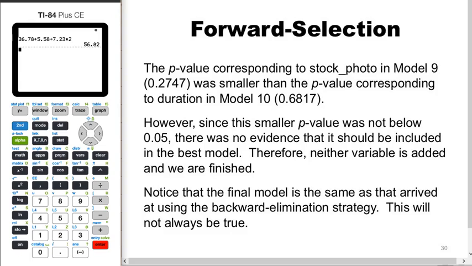You notice that we ended up with condition nu and wheels as my 2 variables. Those happen to be the same 2 variables I had with backwards elimination. Technically, this is not always going to be true. Forward selection and backward elimination don't always end up with the same answer.